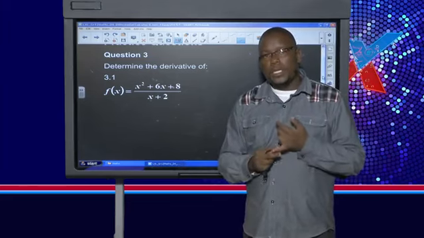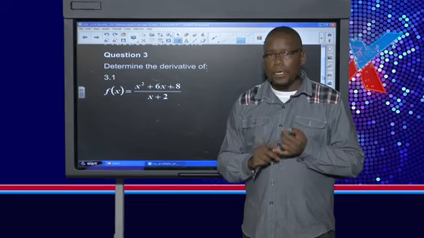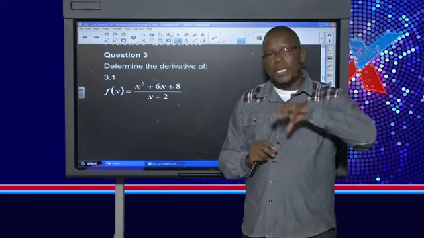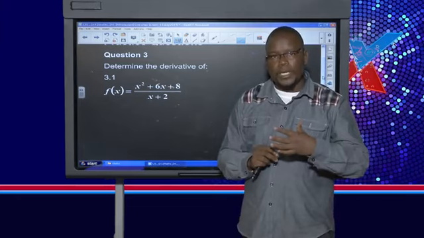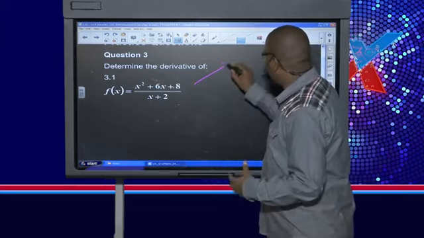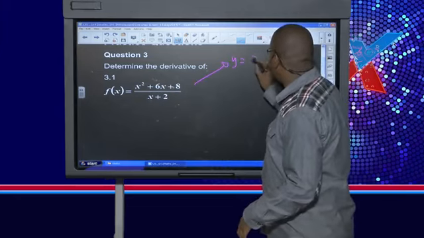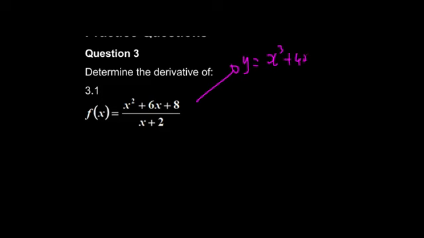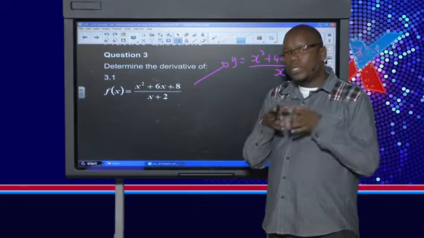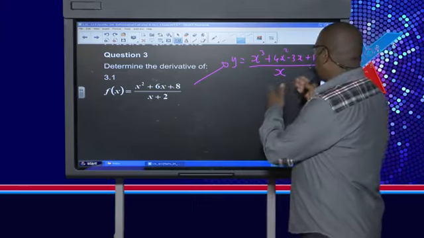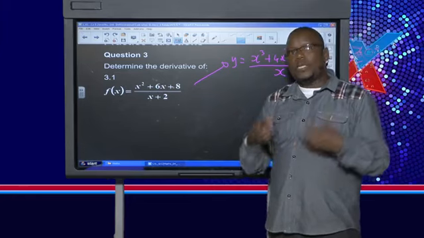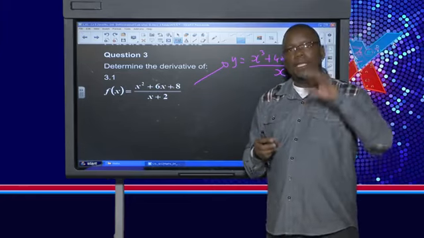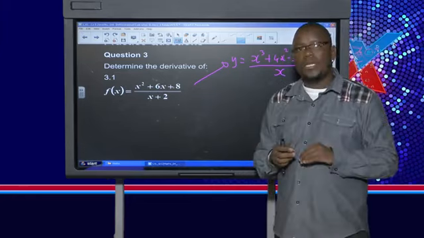So it's either you factorize, or if you've got a single variable as our denominator, for example, if you've got y equals x cubed plus 4x squared minus 3x plus 1, all over x. Now, our x is the denominator. What you need to do here is, because it says all over x, it means that each and every term has got a denominator of x.